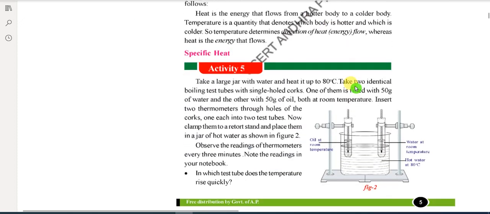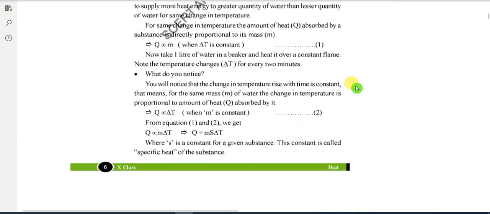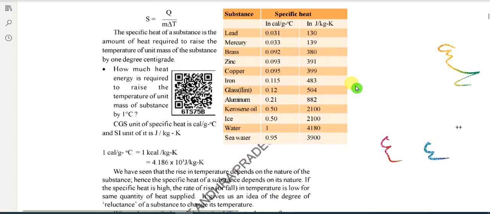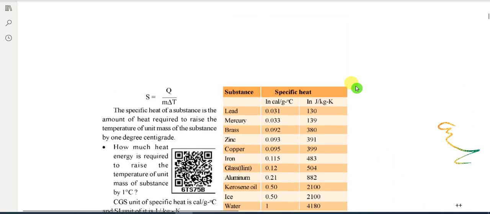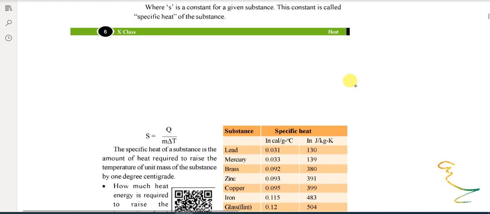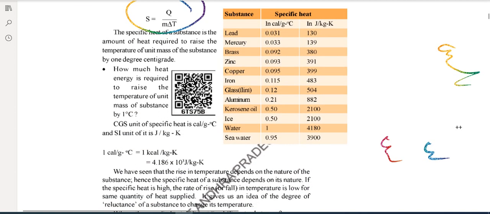And next we have S, which is specific heat. Specific heat is compulsory. S is equal to Q by M delta T. So it is a small equation you will get. And the units of specific heat are also very important. We have to see in Celsius and SI.